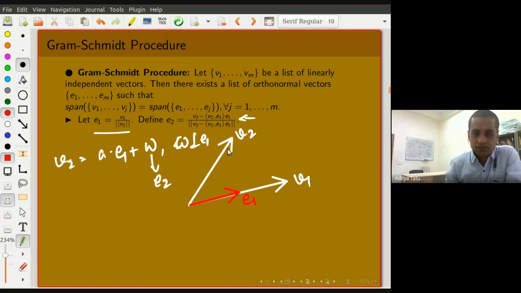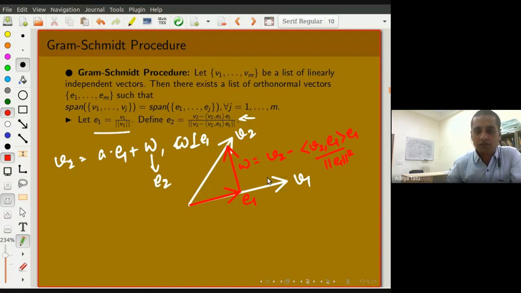Let me draw the picture here. This would be my vector W. And this would be V2 minus V2 inner product E1 divided by E1 inner product E1, or E1 norm squared, but the norm of E1 is 1.